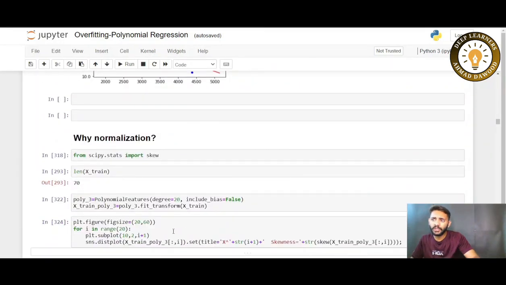Now here we just want to elaborate why we are using the power transformer.